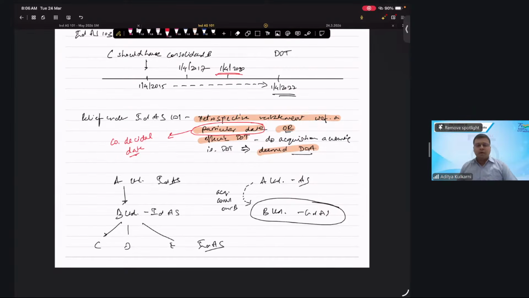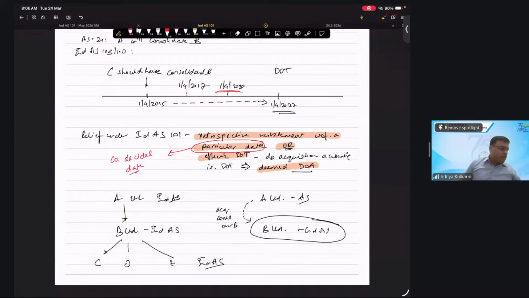So this is one way of thinking about it. But they have also told that you can take a particular date. Now, why do you want to take a particular date? Because many times you would have acquired some subsidiaries which are small in nature, which are not huge.